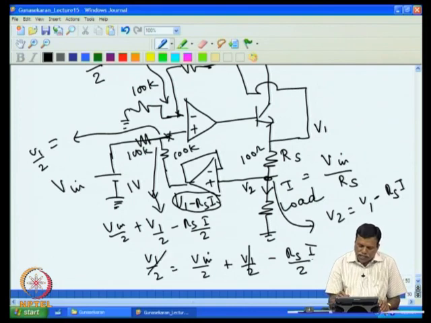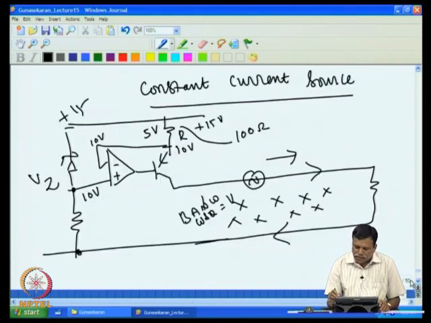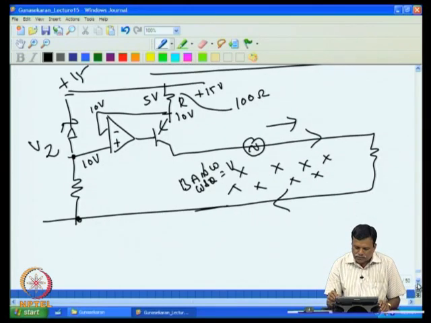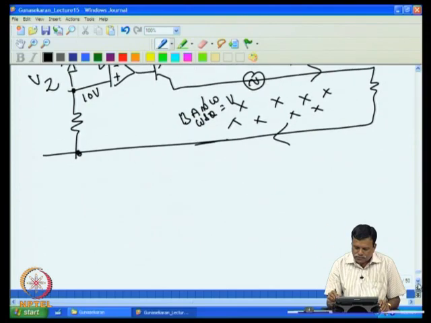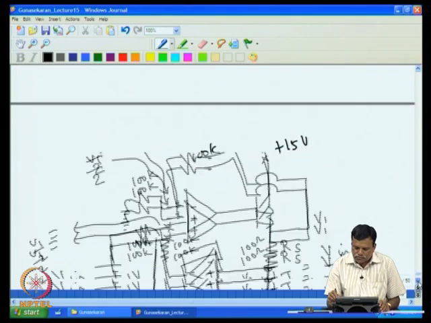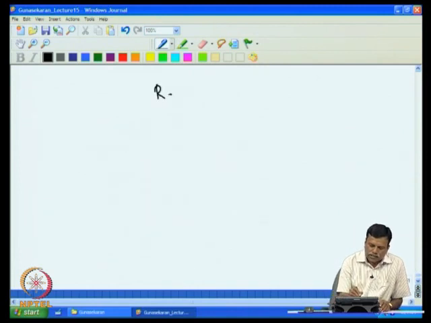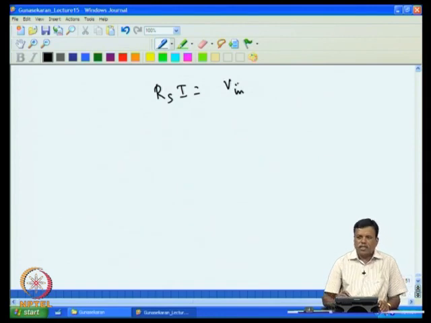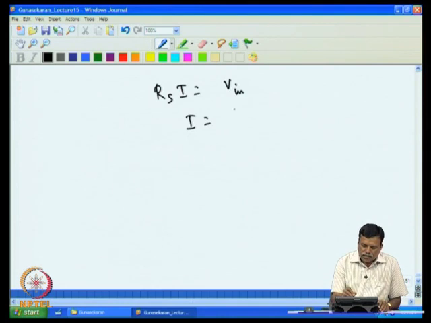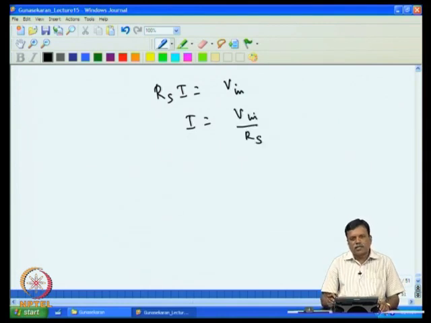So you will find Rs into I by 2 is equal to Vin by 2. That will give Rs into I is equal to Vin. So that's why the current I is actually given by Vin by Rs. So that's why the current is maintained constant.